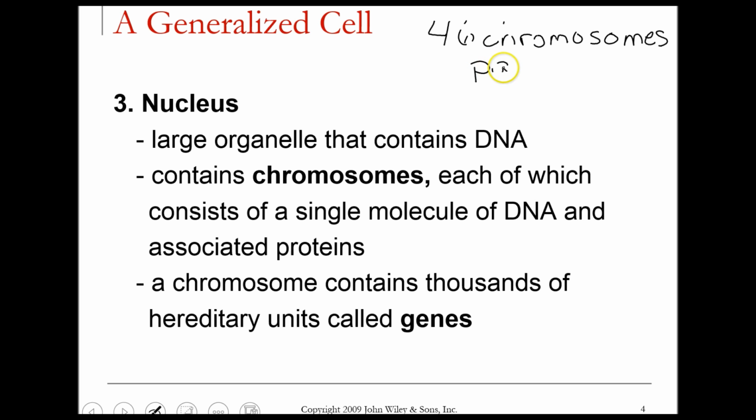So they will be paired structures, and there are 23 pairs of chromosomes. So since a chromosome is a single molecule of DNA, you could also say that a human would have 46 molecules of DNA and some associated proteins. The chromosomes will contain the hereditary units called genes. Genes are essentially a location on an individual chromosome.